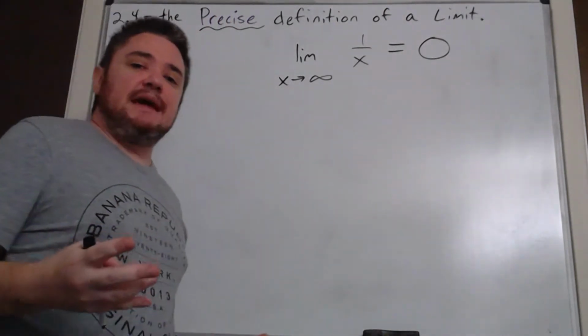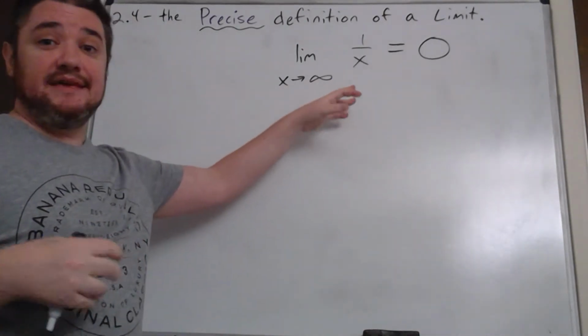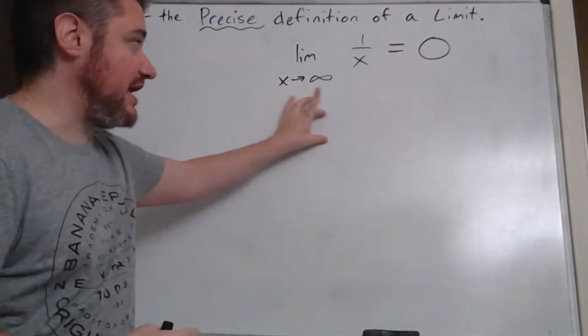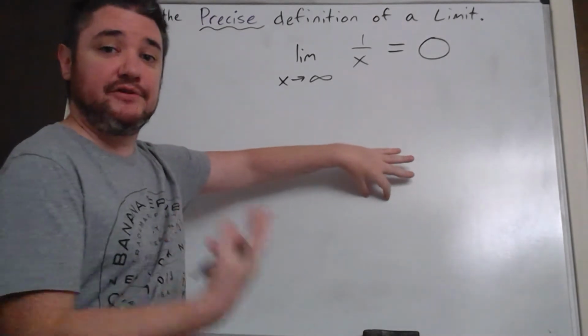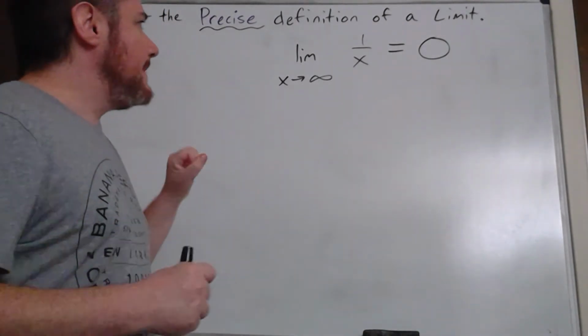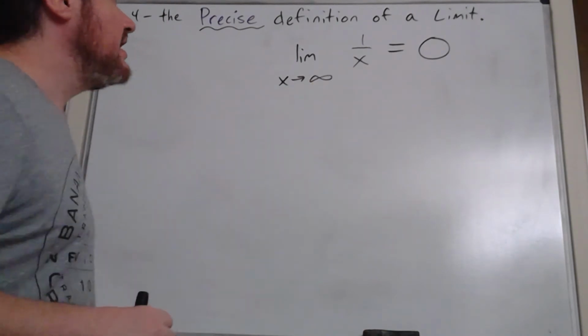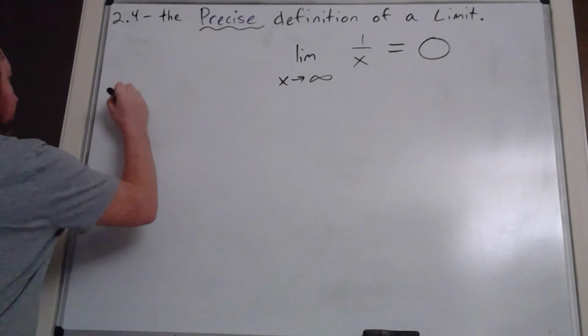So in the previous example with the deltas and epsilons, that was when we were approaching a certain value, and in that case the limit was a real number, and so we sort of made a little stripe around the limit and said that we found the corresponding little interval for the inputs to work. For this one, if x is getting really, really large, if our limit is this, we still want to start with an epsilon.